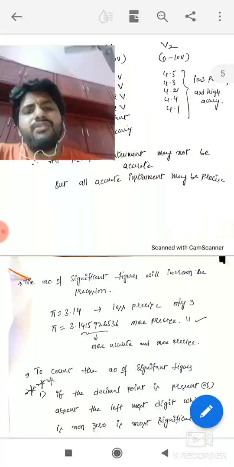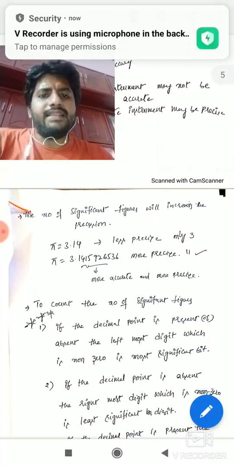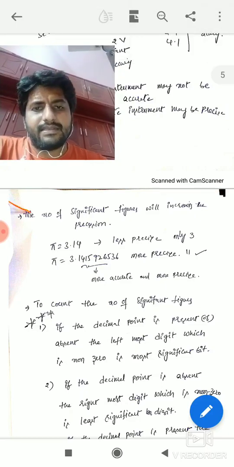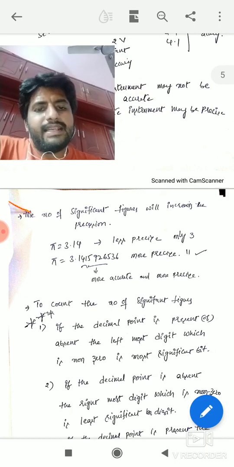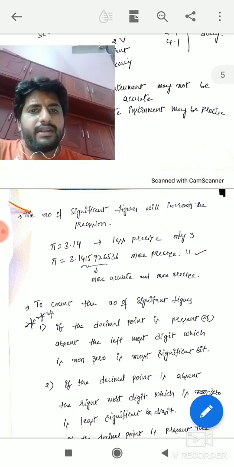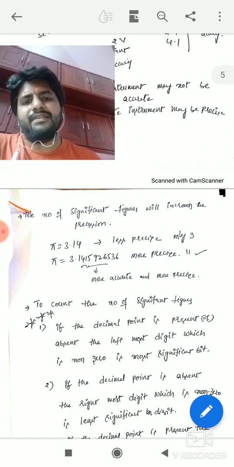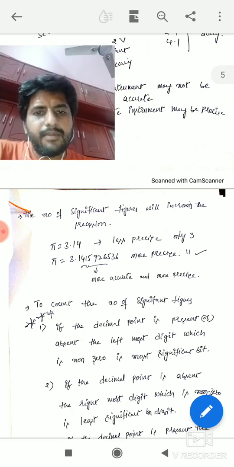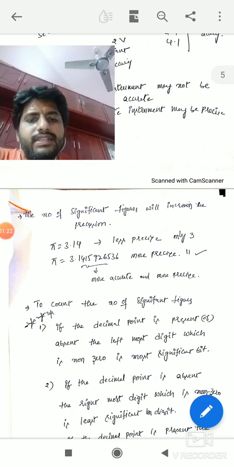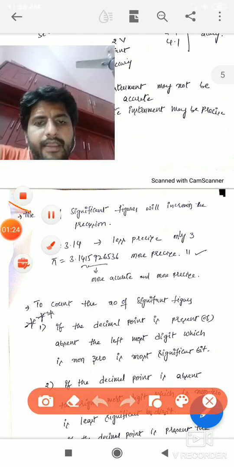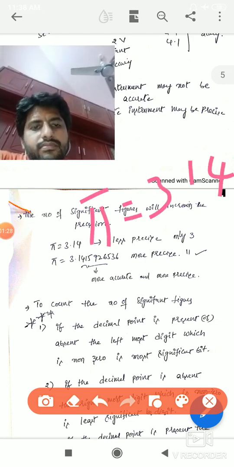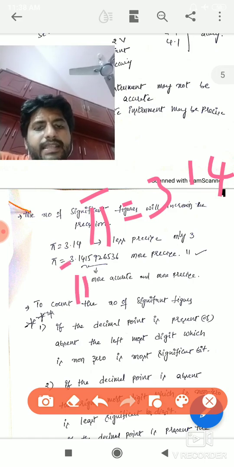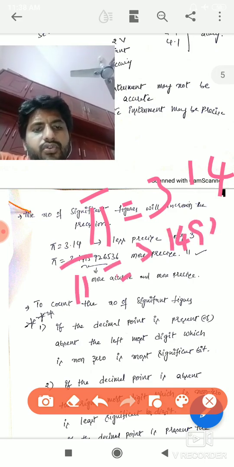Now if you want to define precision, a very important concept is this: to find the number of significant figures. I'll clearly explain each and every point on how to find the significant figures. Suppose pi is equal to 3.14; actually pi is equal to 3.14926.